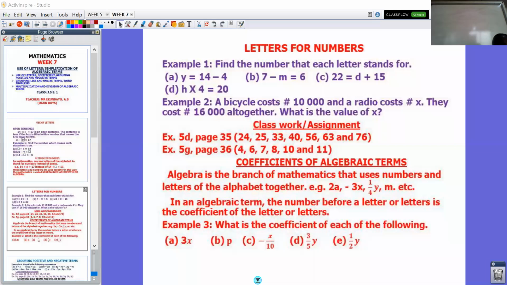In the next 1 minute, I'm going to start the solution. So my 1 minute starts now. When you are done, you let me know.